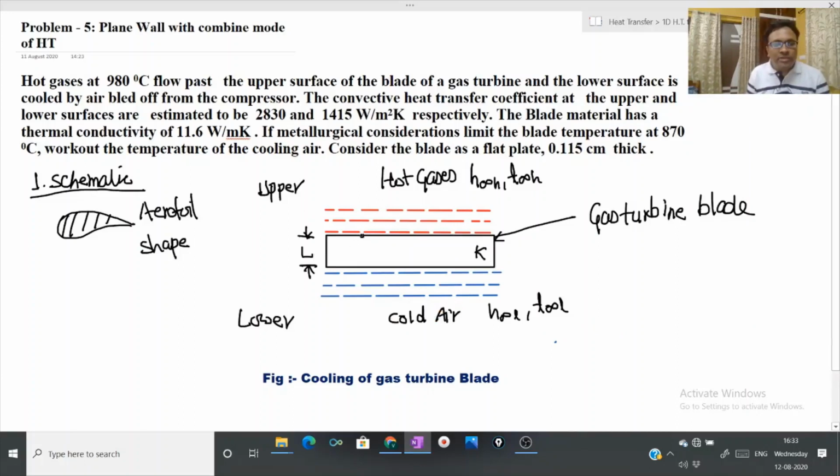Let's say the upper surface temperature of the turbine blade is TH and the lower surface temperature is represented by T cold, TL, T suffix L.